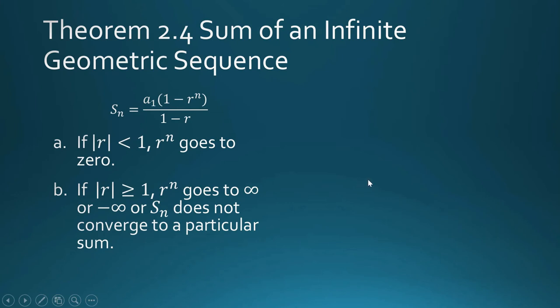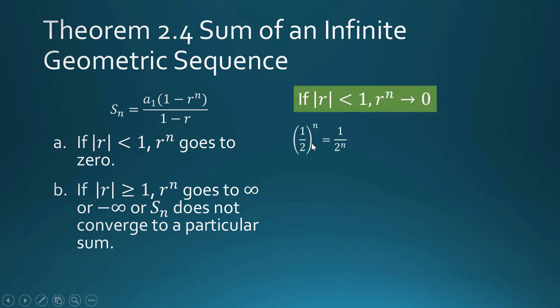Now let us investigate what happens to this sum when n goes to infinity and the absolute value of our r, the common ratio, is less than 1. So let's say, for example, our r is 1/2. 1/2 raised to n is the same as 1 over 2 to the n. Now, why are we computing this?